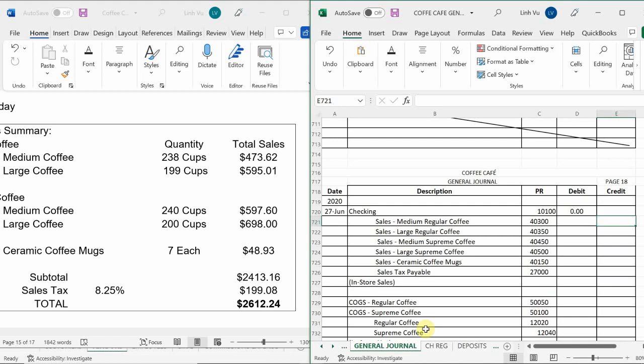What was my sales for the medium regular coffee? 473.62. Sales for my large regular coffee? 5.95. Oh, 1. Don't forget that penny.